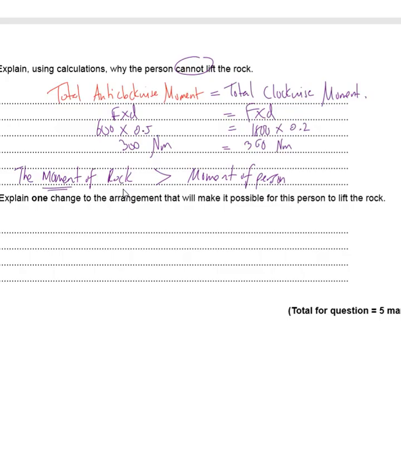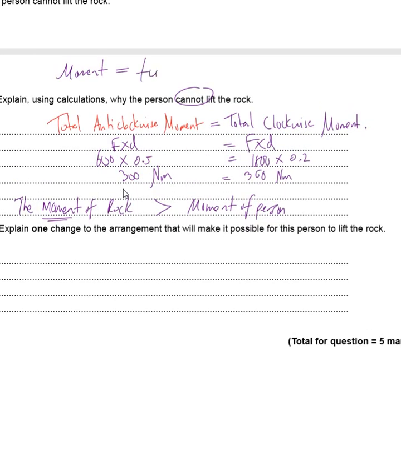Now what is the moment? Moment is the turning effect of a force. Okay, so this is the 3 points. You got 1, 2, 3. So this is what you need.